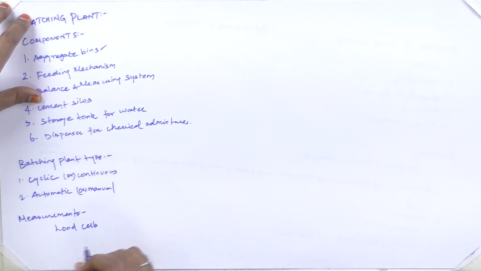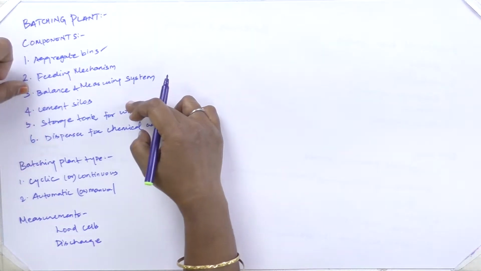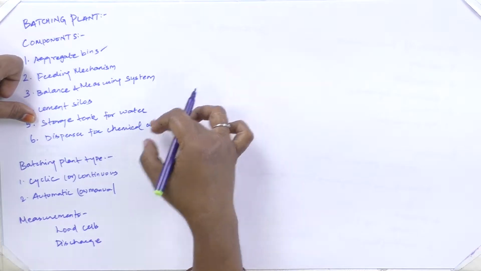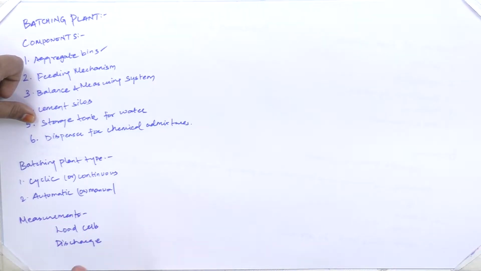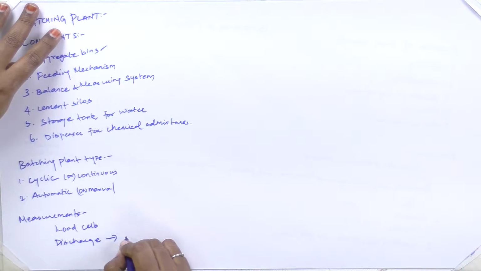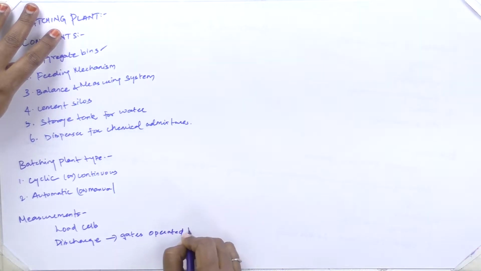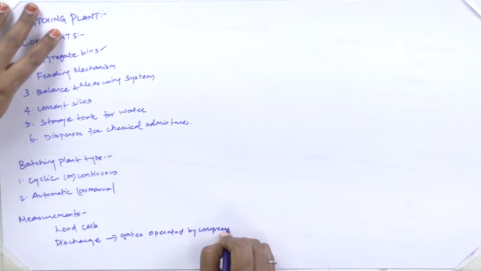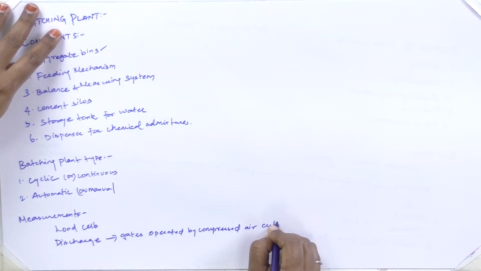And discharge. Since we have silos and storage tanks for water, how the required quantity is discharged from them to the mixing area plays a major role, and this discharge of specified quantities can be achieved through gates operated by compressed air cylinders.